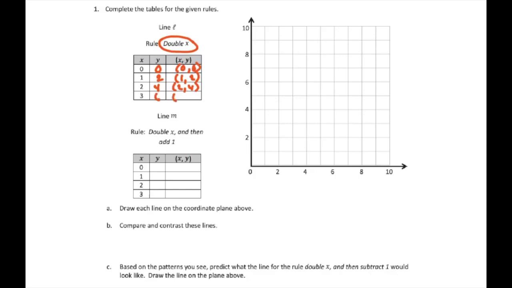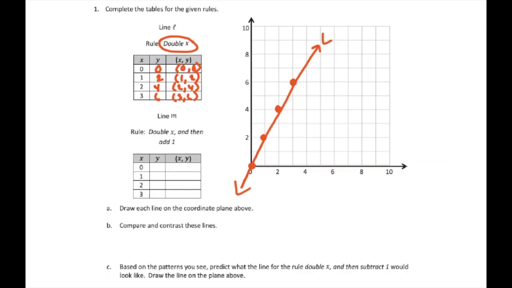And 3 times 2 is 6. So we only have multiplication, so this will start at our origin. And let's plot the rest of the points. And this is line L.